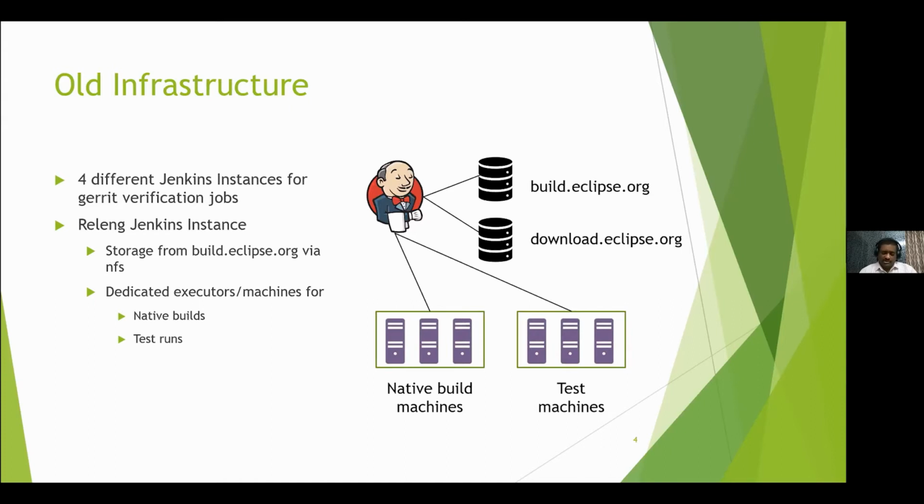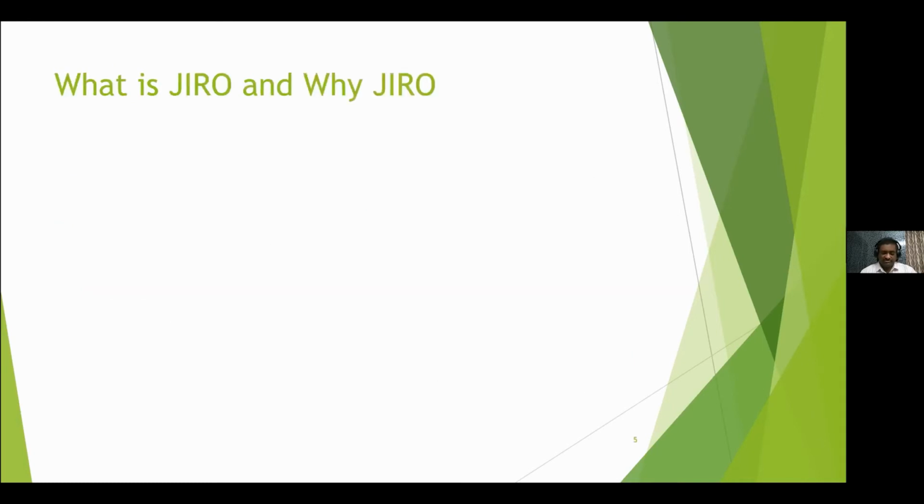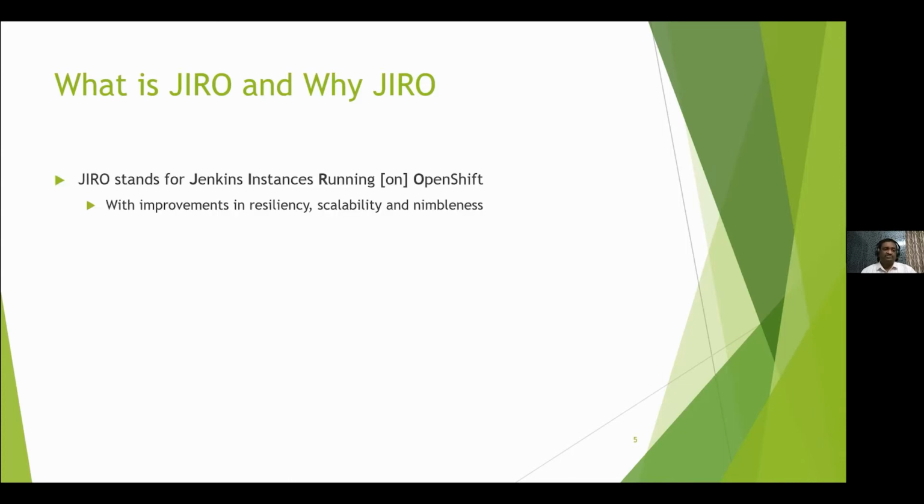Now, because of these reasons, we have to move to JIRO. What is JIRO? JIRO stands for Jenkins instance running on OpenShift. As you know, OpenShift is built on top of Kubernetes, providing container-based infrastructure.